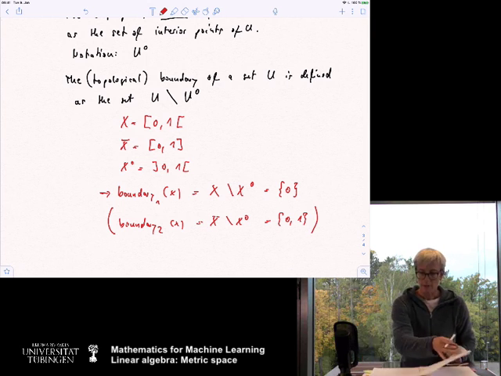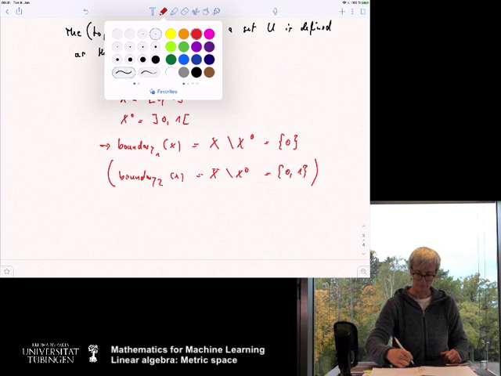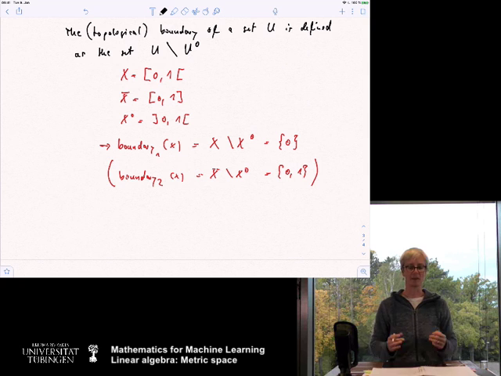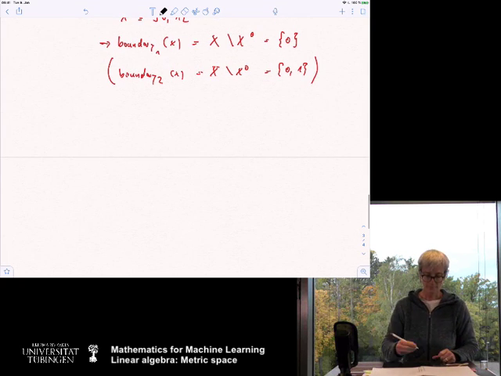That's the boundary. And now we have not so many more definitions, but I want to say, what does it mean that a set is dense? Yet another definition.